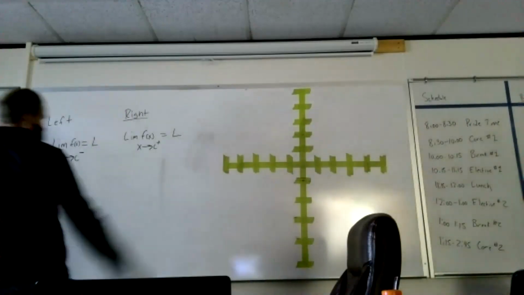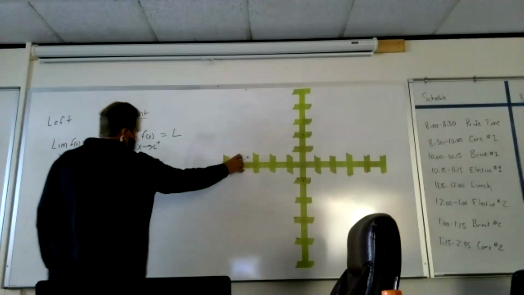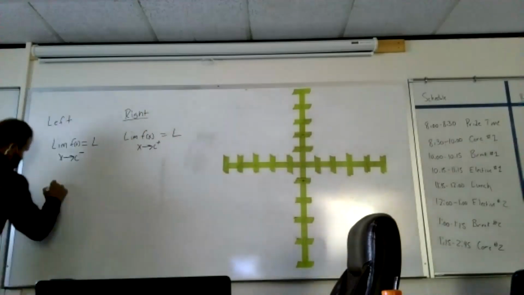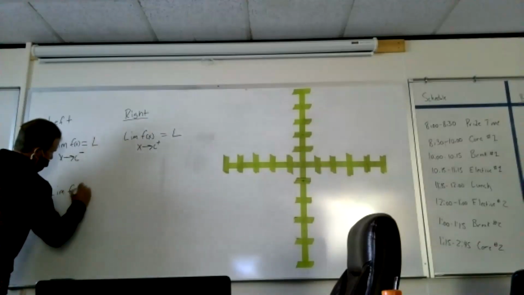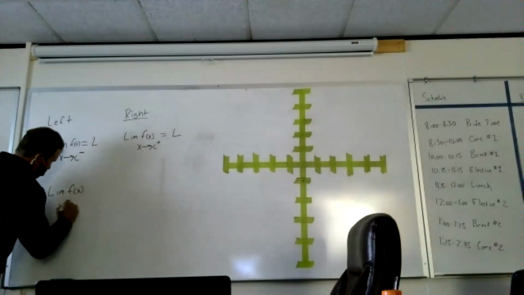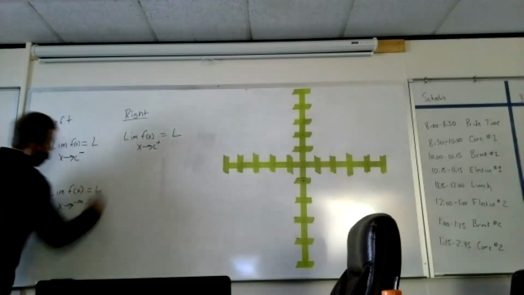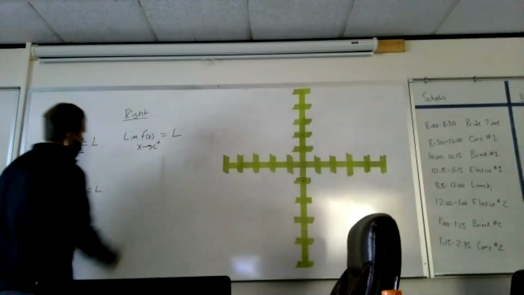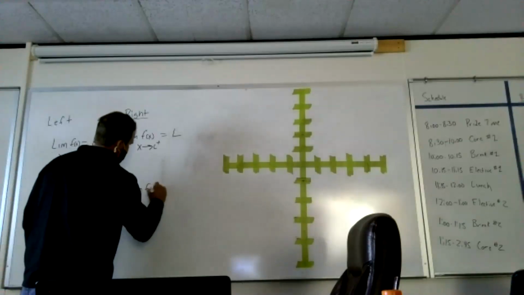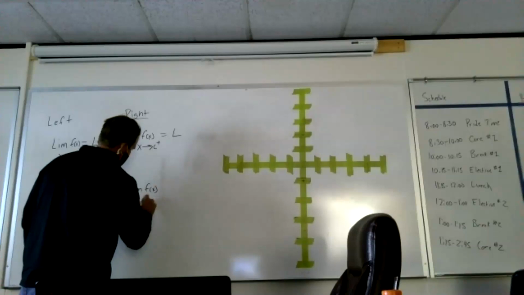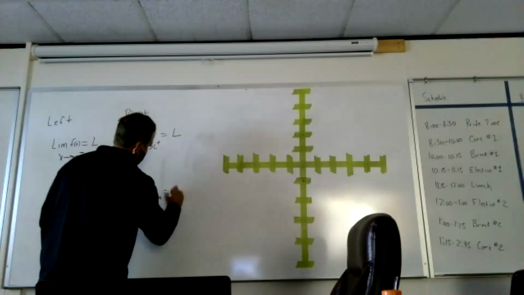So when you're talking about left-end behavior, the negative side of your x value, your symbols are the limit of f of x as x approaches negative infinity is equal to L. Okay, and the limit of f of x as x approaches positive infinity is equal to L.